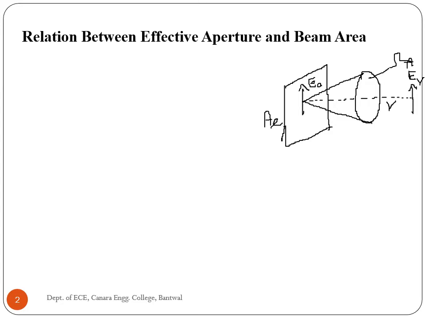absorbed from the wave is given by P is equal to E square divided by the intrinsic impedance, into the physical aperture, or I can denote this as S, the Poynting vector, E square divided by Z naught, into A, the physical aperture.